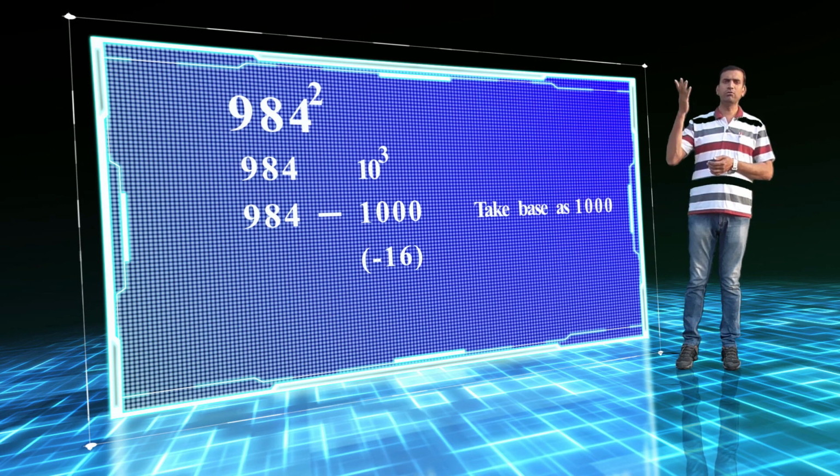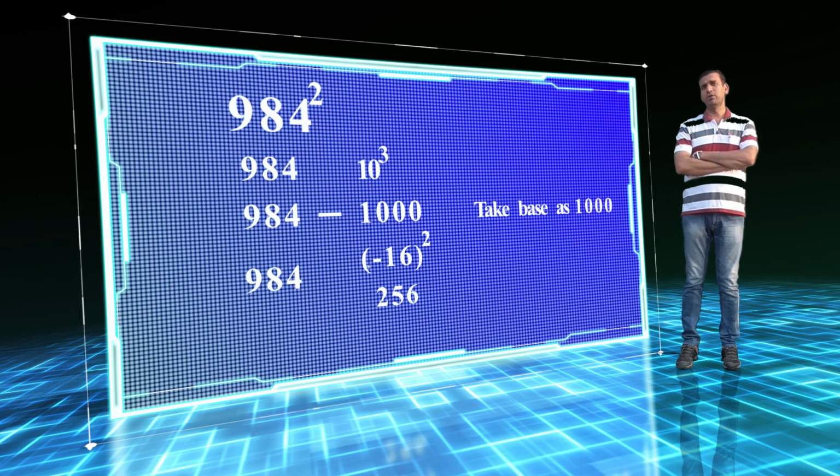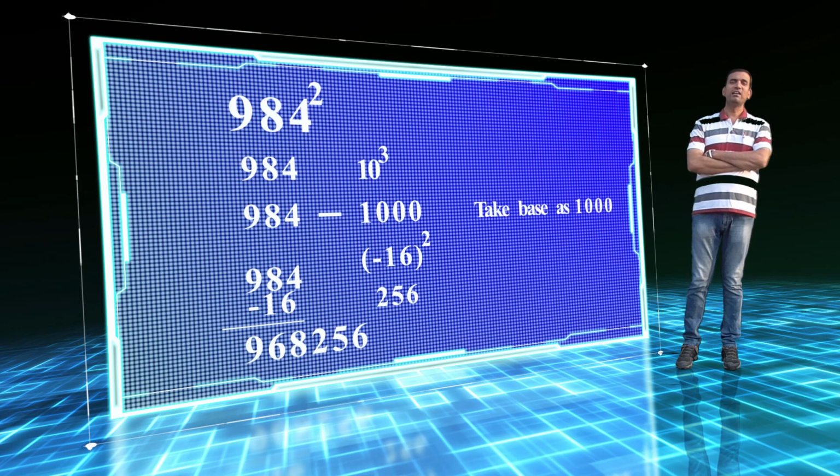Now find the square of minus 16. Write it down: 256. Now if the result is minus 16, we should subtract: 984 minus 16 equals 968. So finally, 984 squared is 968256.